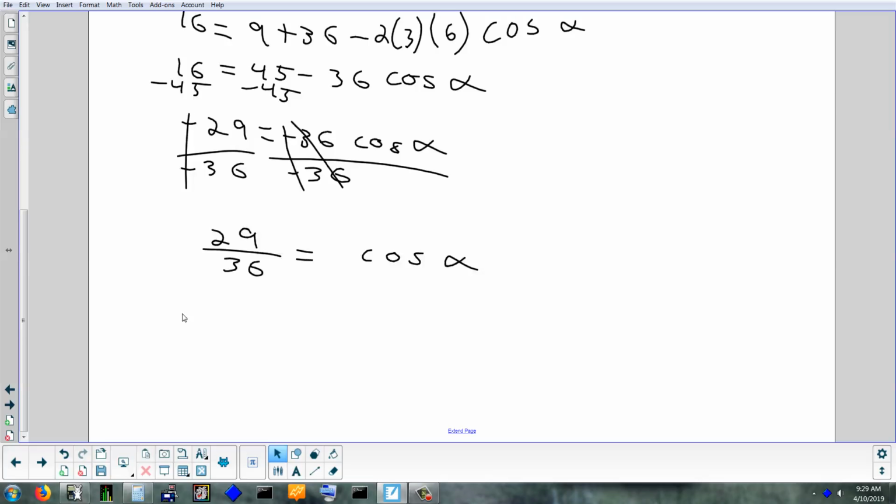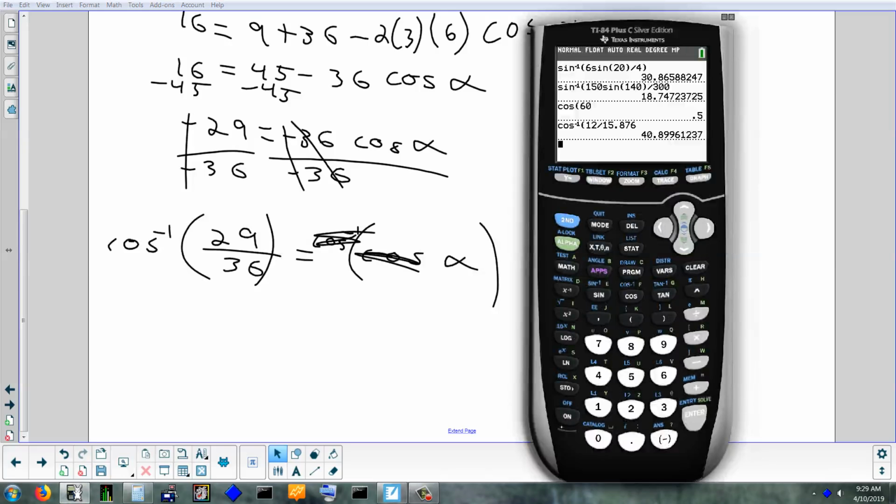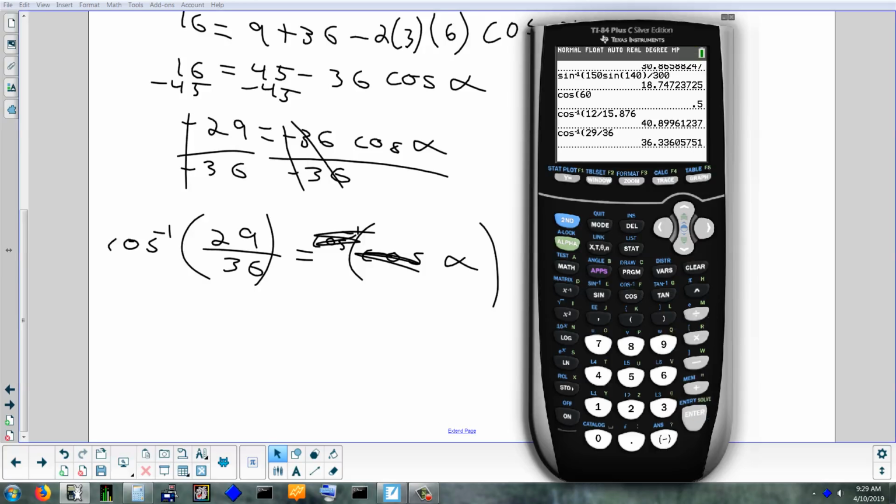One step. Take the inverse cosine. Inverse cosine. Gone. And we'll see what the inverse cosine of 29 over 36 is. Second, inverse cosine, 29 over 36. Okay, so that angle is 36.336.